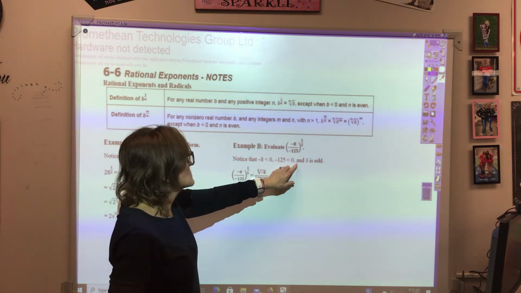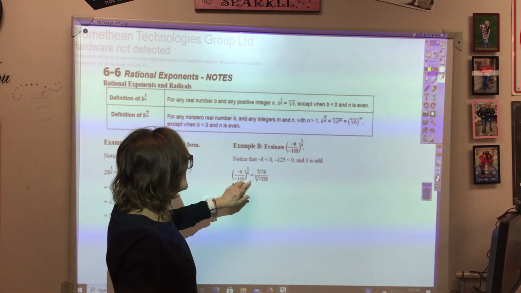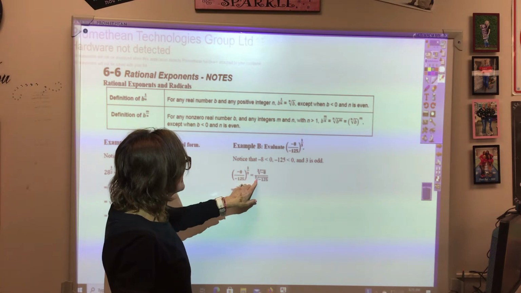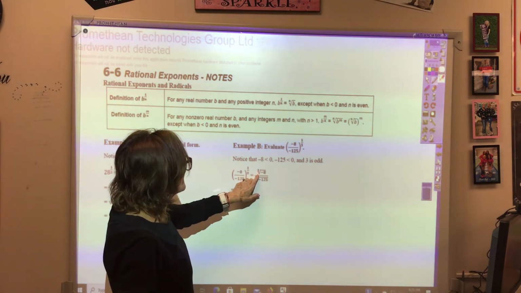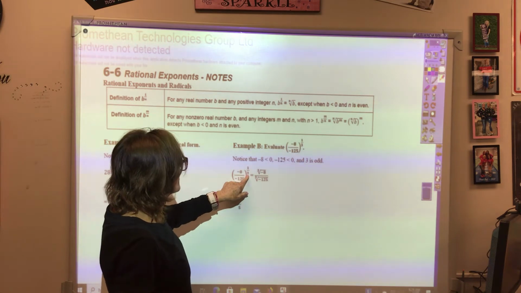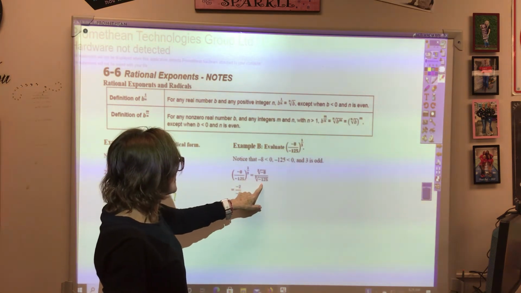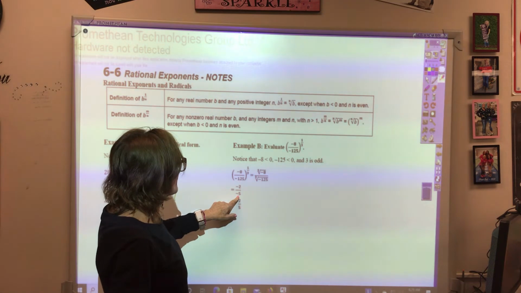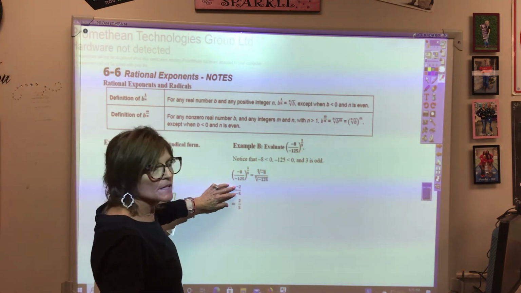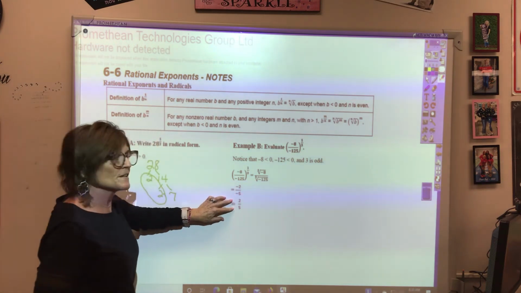This is the cube root, or the third root. So you break it apart. You take the third root of -8, which gives you -2, and you take the third root of -125, which gives you -5. Then you want to simplify. Since we have a negative over a negative, it would be a positive 2/5.